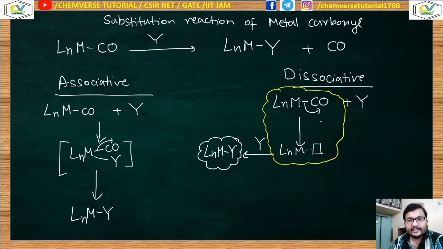Bond breaking means we have to supply some energy from the outside to break the bond. So it will require much more energy as compared to the corresponding associative pathway. So from here I can say, the dissociative mechanism requires more energy.